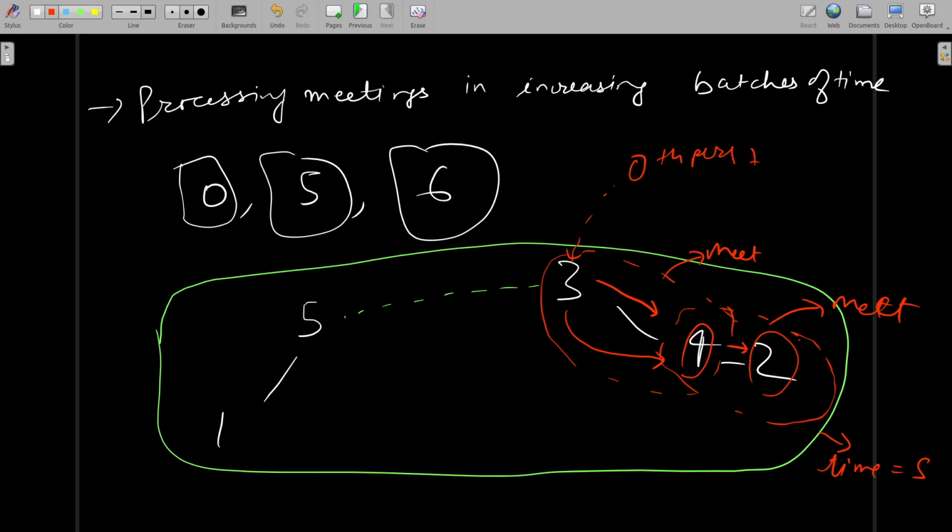Initially the secret knower group was having only 0 and 3. Then 3 also came to know about the secret from someone outside. So 3 was already knowing the secret when these meetings started, and 3 spread the secret to 4, and then 4 spread the secret to 2.